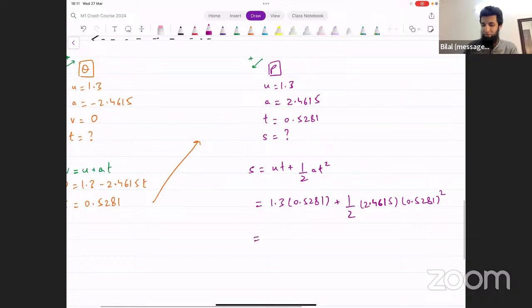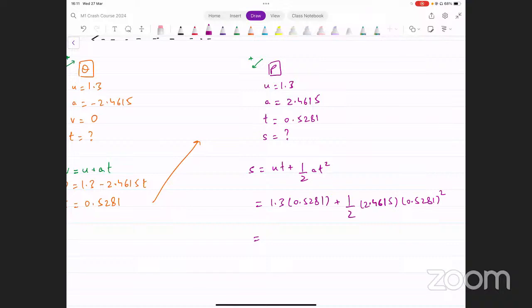And that's going to give you the distance traveled by P until Q reaches its maximum height. What's this value? 1.0297.